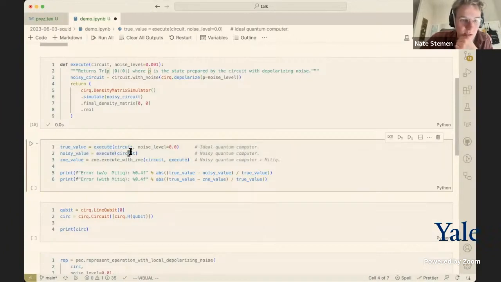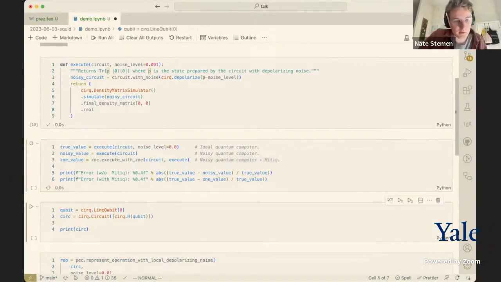We're just going to run execute on the circuit, and that's going to be the noisy value, what happens when we run this with noise. And then lastly, we'll do z_e.execute, and we're going to give it both the circuit and the function to execute the circuit. And that's going to be using the noisy quantum computer and Mitiq to do error mitigation.